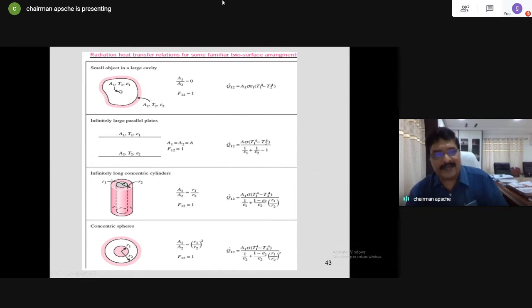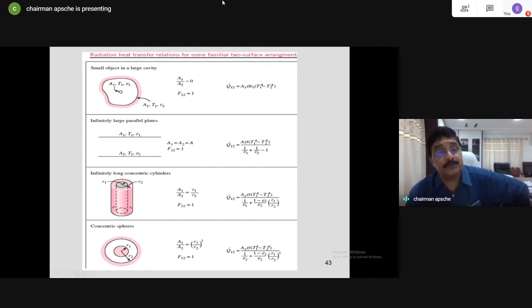And infinitely long concentric cylinders. Infinitely long concentric cylinders. So A1 by A2 is in the ratio of R1 by R2. Okay, surface area same avutundi, 2 pi RL avutundi. So ratios R1 by R2 avutundi. F1 to 2 is equal to 1. Anything that leaves surface 1 will completely fall on surface 2.